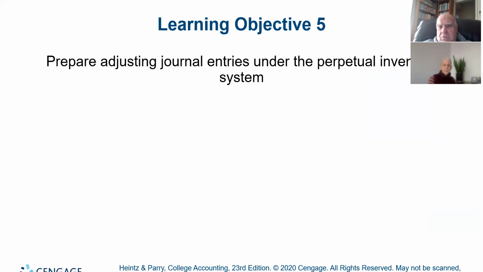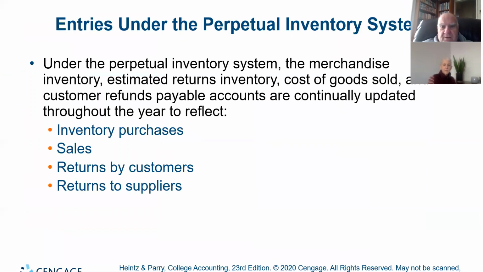Under the perpetual inventory system, the merchandise inventory, estimated returns, cost of goods sold, are continually updated throughout the year.